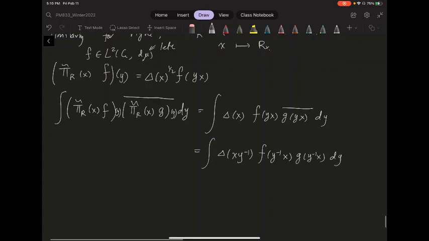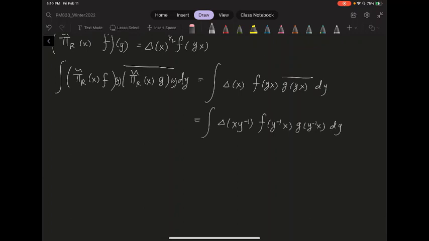Now we move the x, we put the inverse in there again. So this is the integral of f(x⁻¹y⁻¹) and g of x⁻¹y, the whole thing inverse, dy.